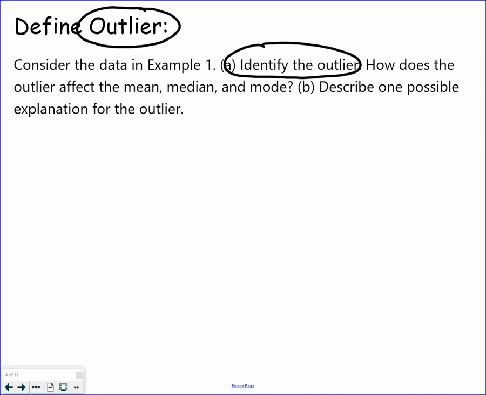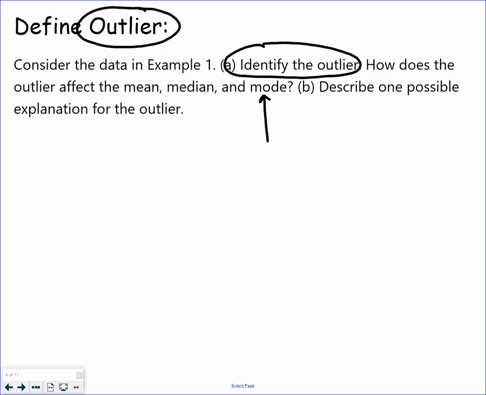Well, it does not affect the mode at all. Ultimately, an outlier doesn't change the number that occurs most often because an outlier will only occur once. The median, it does, because you have one extra value, it does change the median by one spot. So if you have a very small number, then it would move the median down by one spot.